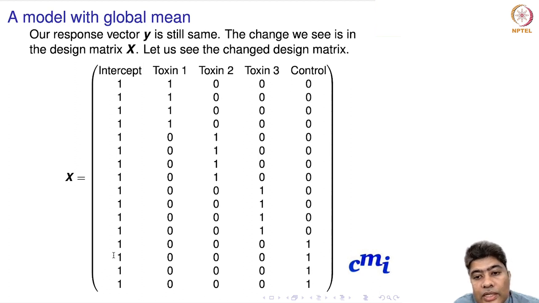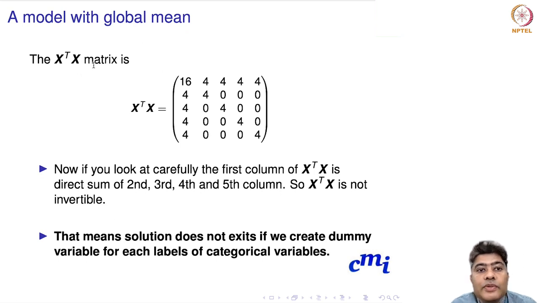Now this is an interesting phenomenon. If we have this design matrix, then our X transpose X matrix is going to be 16 4 4 4 4, then 4 4 0 0 0, then 4 0 4 0 0, 4 0 0 4 0, 4 0 0 0 4. If you look at this matrix carefully, the first column of X transpose X is actually the direct sum of the second, third, fourth and fifth columns.